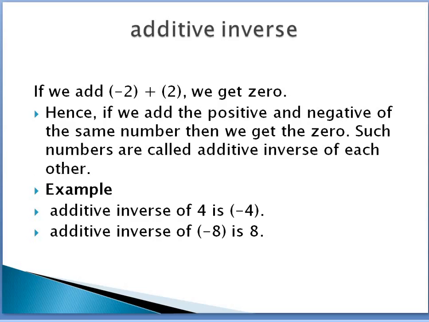Such numbers are called additive inverses. If the sum of two numbers is 0, then such numbers are called additive inverses of each other. Here 4 and minus 4 are additive inverses, and minus 8 and plus 8 are additive inverses.